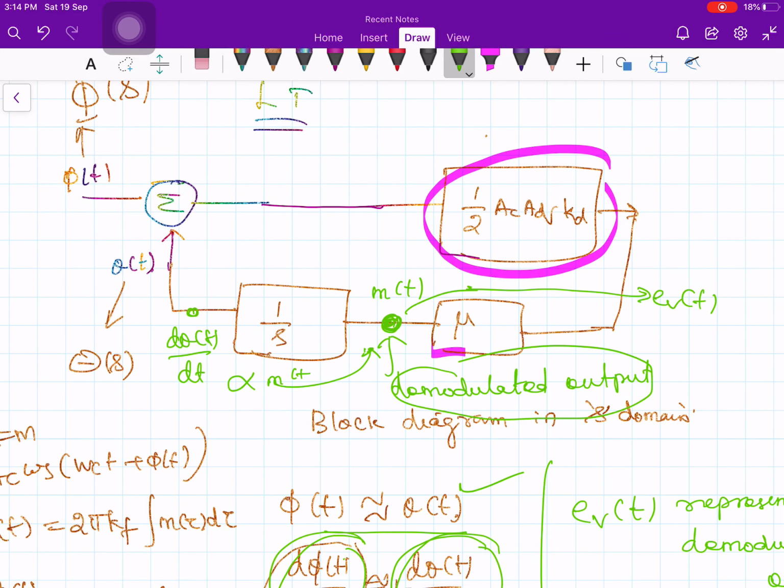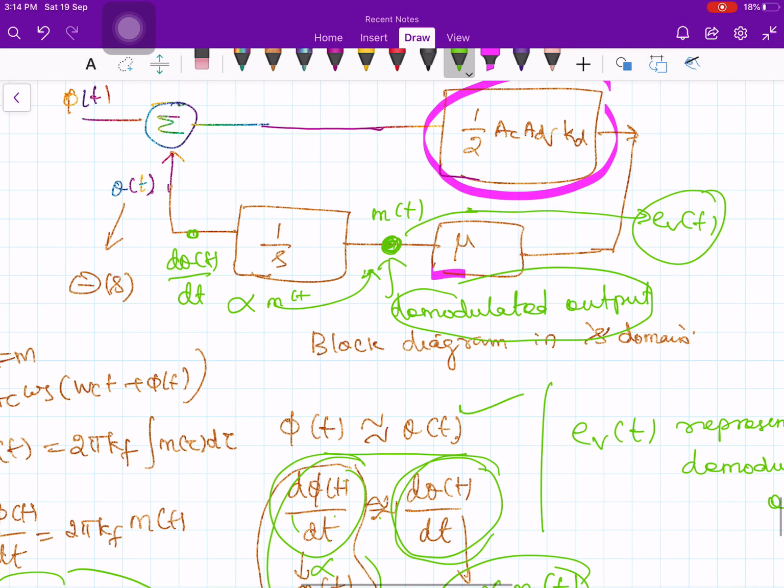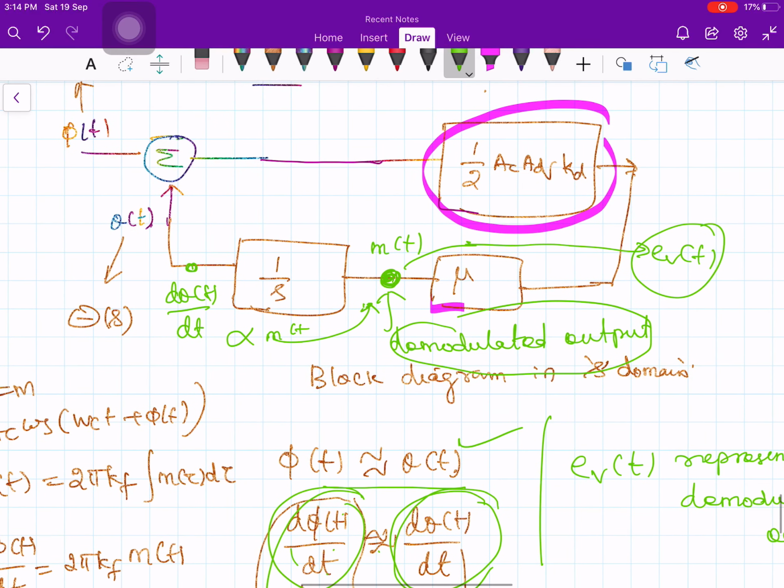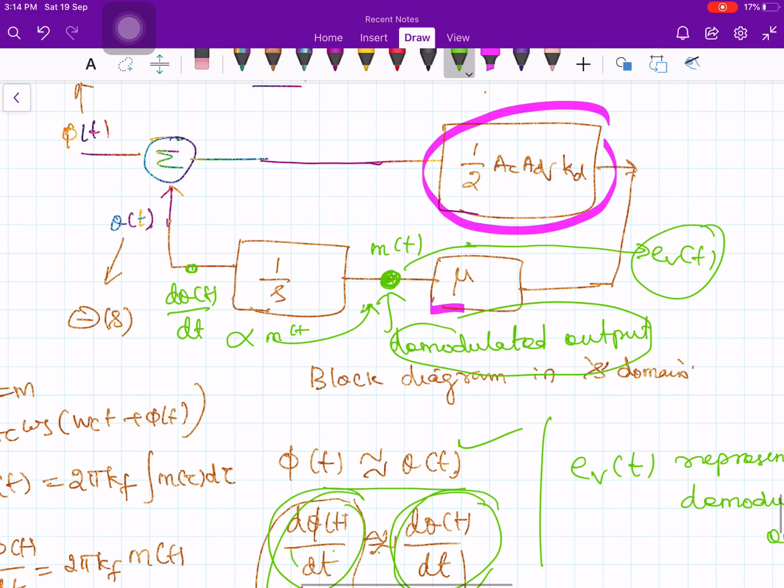But right now, even without going through any mathematics, we can conclude that in the lock condition, the output EV of t is proportional to the message signal m of t that you are looking for in an FM demodulator, and therefore the phase locked loop in a locked condition works like an FM demodulator. Okay, we still have to do the mathematics, but without mathematics, this is where it is.